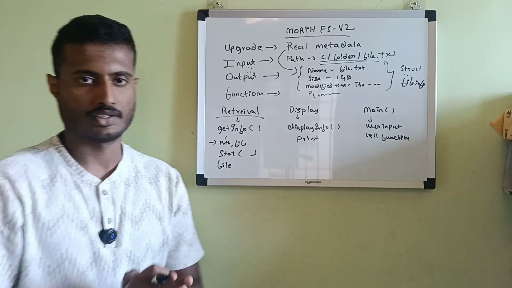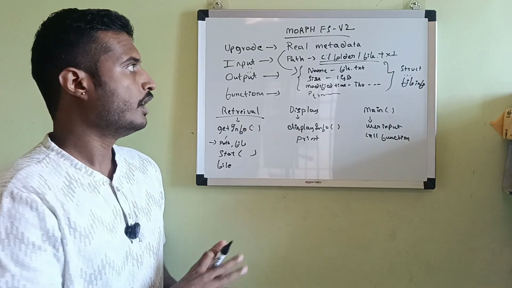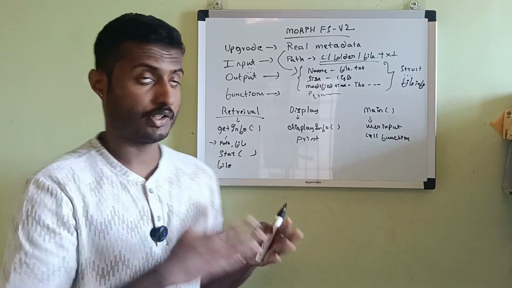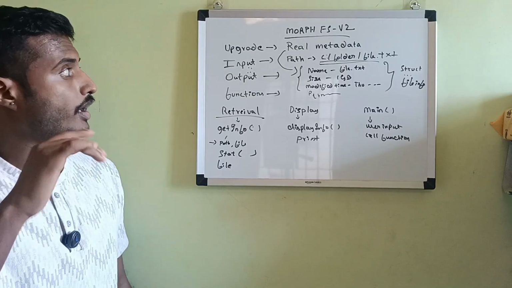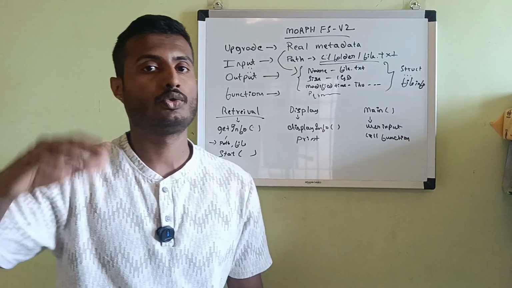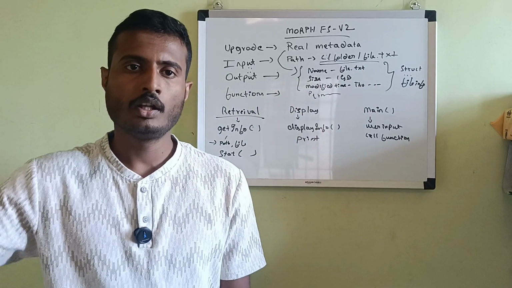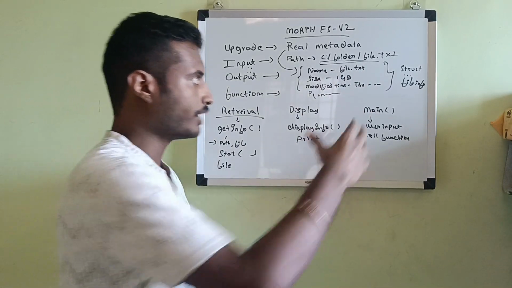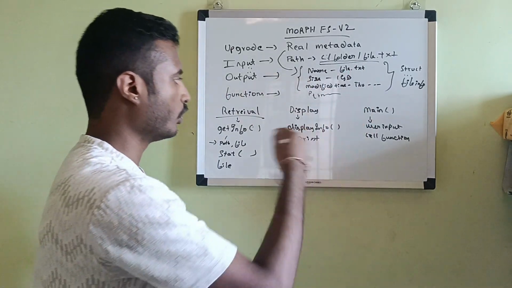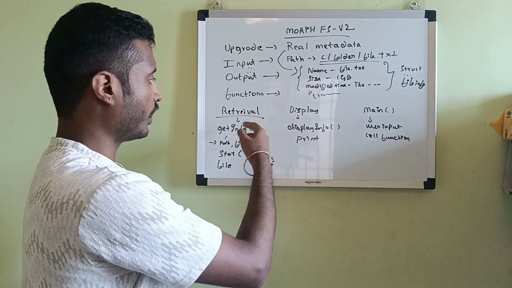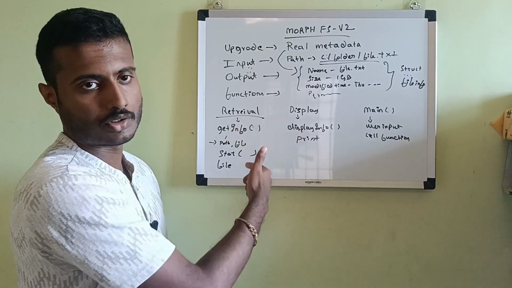Let me summarize this. We have this MorphFS version 2. In that, what we are trying to achieve is, when a user gives a path like this, for example, it has to take this input and go to this function to retrieve the information.